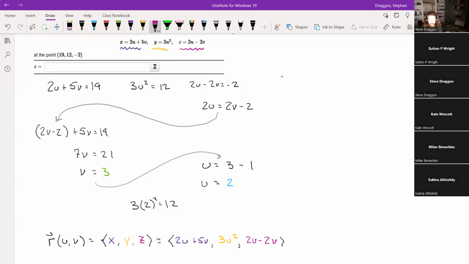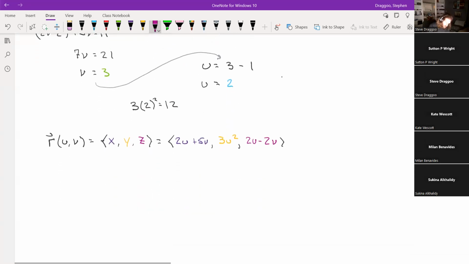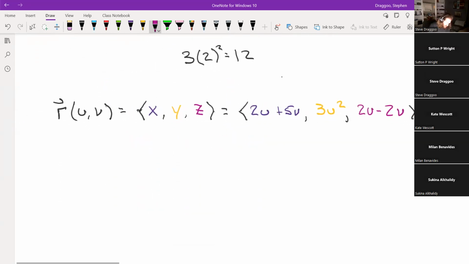And now I want to come through and get partial derivatives of that curve with respect to both u and v. So up first, let's get r partial u. And this is still of u and v potentially.